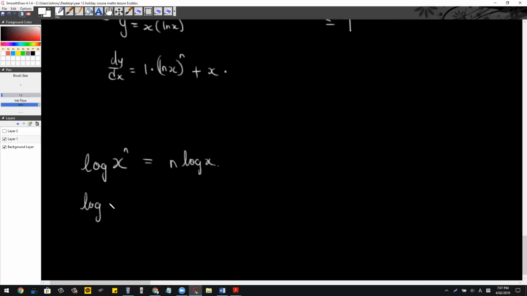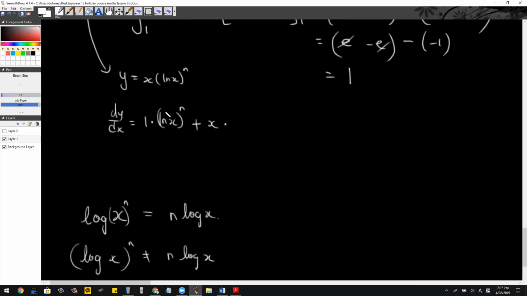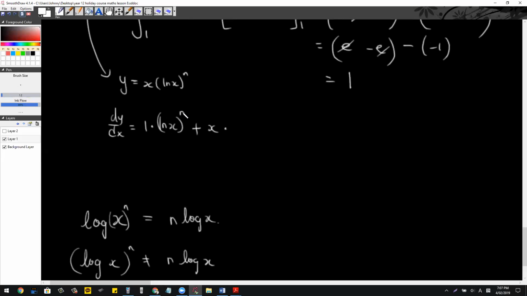But you may have log of x to the power of n, where it's the whole thing to the power of n. So this is not the same as n ln x.